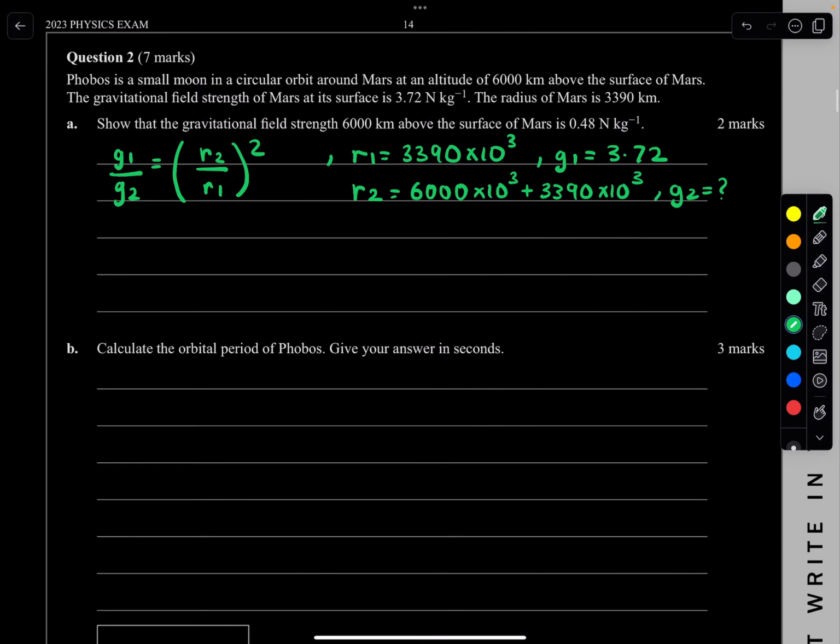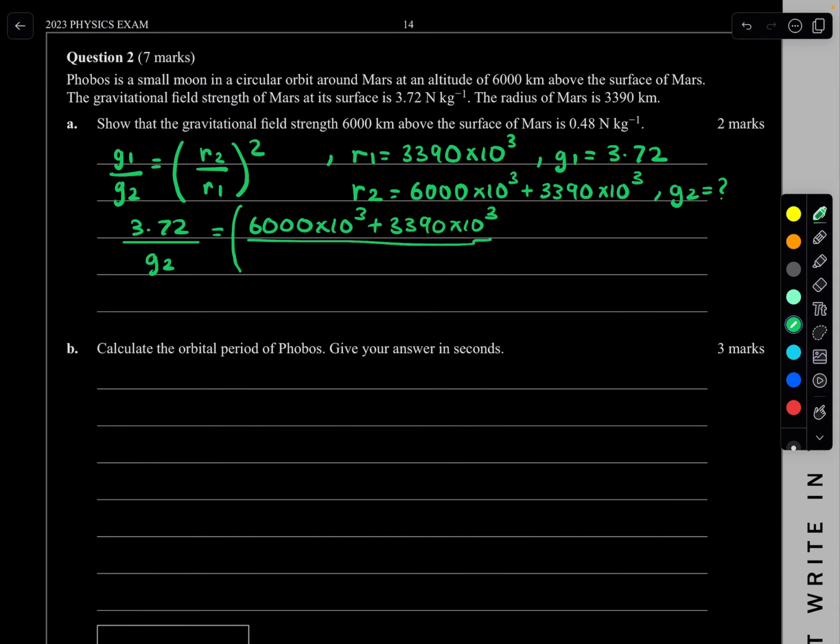So g1 is 3.72. g2 is what we're trying to find. There's many ways to do it, but I think this is the easiest. R2 is 6,000 times 10 to the power of 3 plus 3,390 times 10 to the power of 3, over R1, your radius 1, which is 3,390 times 10 to the power of 3, all squared.